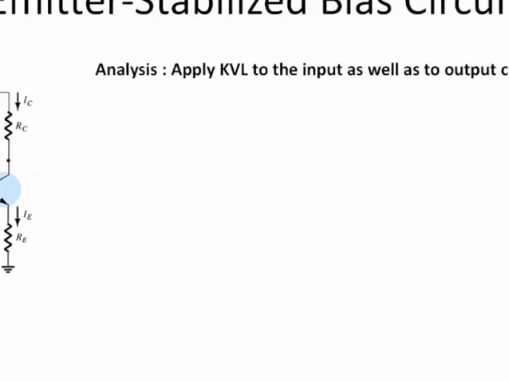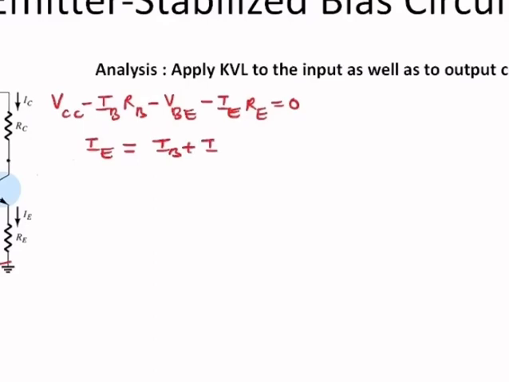To get the value of IC and VCE, we have to analyze this circuit. For the analysis, apply KVL to the input as well as to the output circuit. First, apply KVL to the input circuit. We get VCC minus IB RB minus VBE minus IE RE is equal to 0, where IE is equal to IB plus IC, or (beta plus 1) times IB, as IC is equal to beta IB.